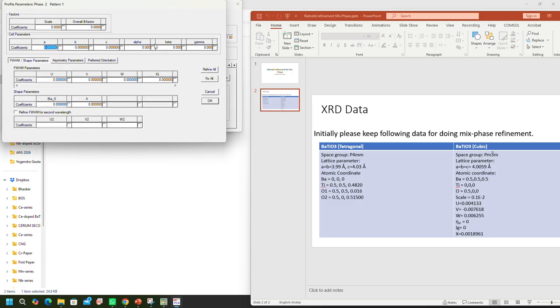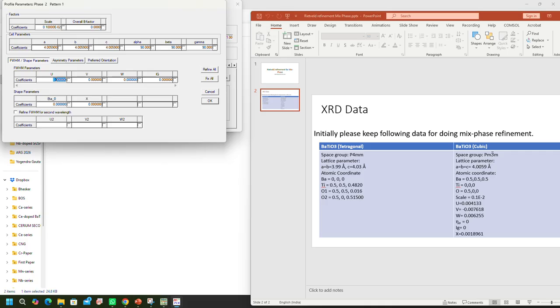So here you see all the parameters 0 0. That's why I have requested you to kindly keep these information initially starting the Rietveld refinement. So here scale is 0.1 E minus 2, lattice parameter is 4.0059, then alpha beta gamma 90, and UVW.